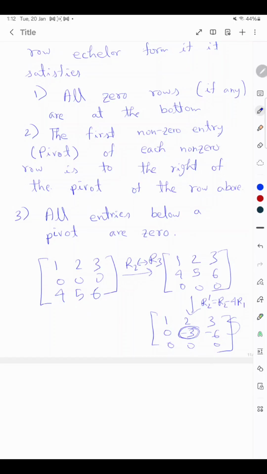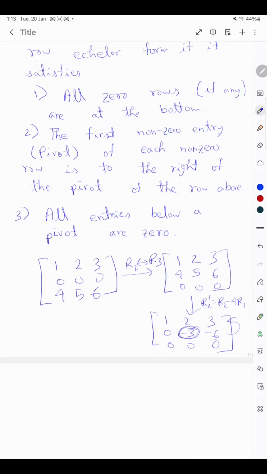So you just check that the first non-zero entry of each non-zero row is to the right of the pivot of the row above. So minus 3 is to the right of your previous pivot element. Whenever you have this type of thing, the pivot element will always be on the right. If you have 0 here, or some element here, no issue there.